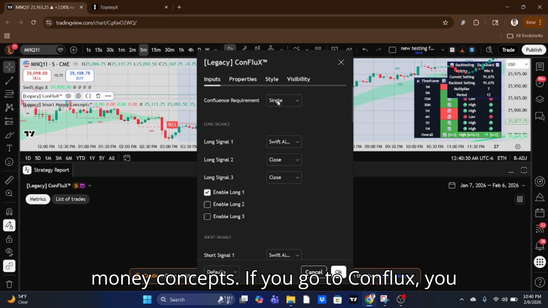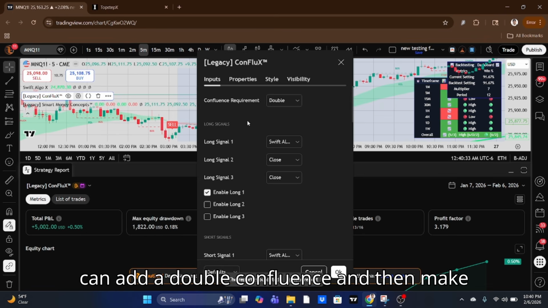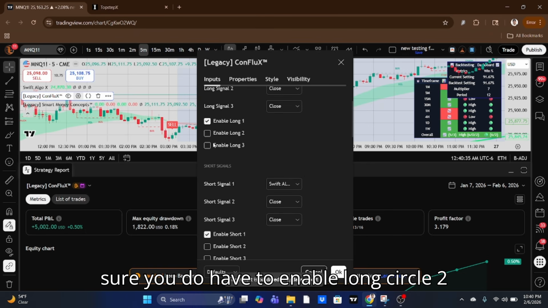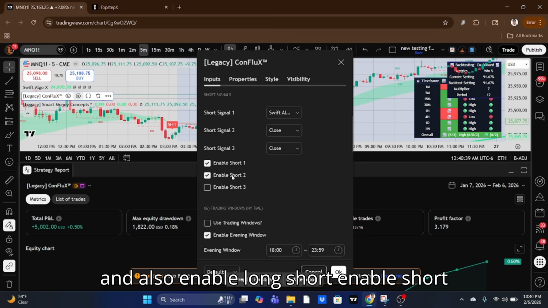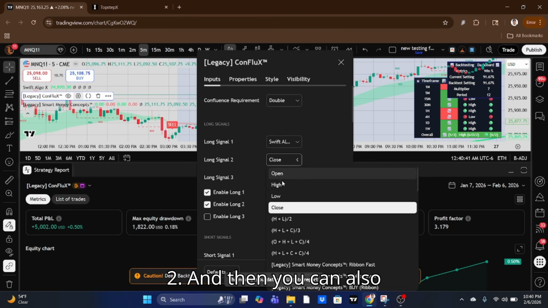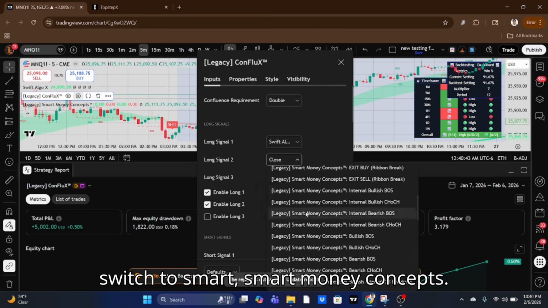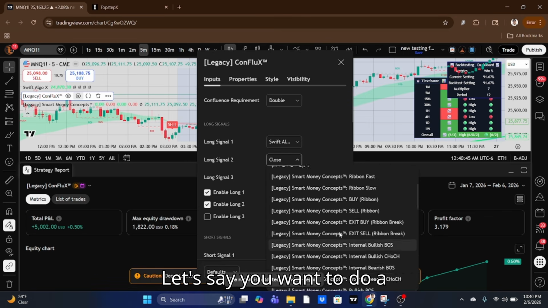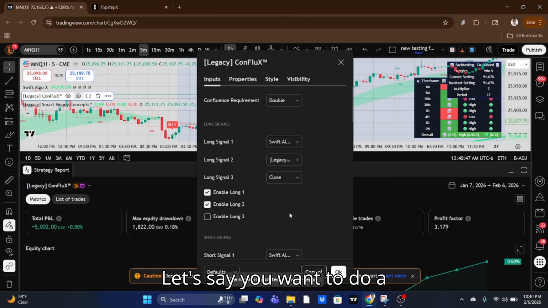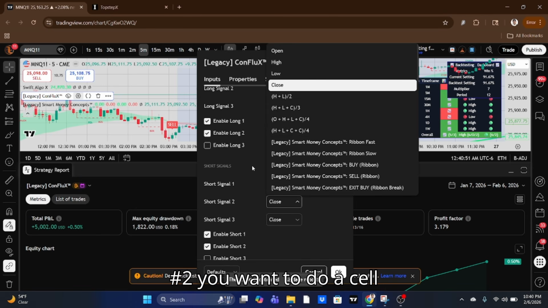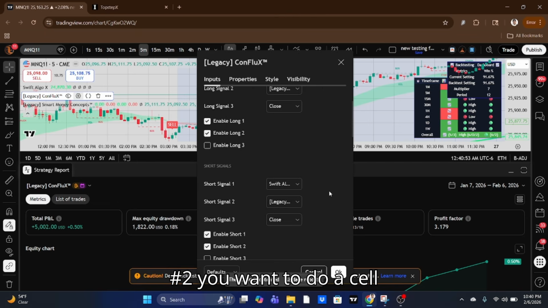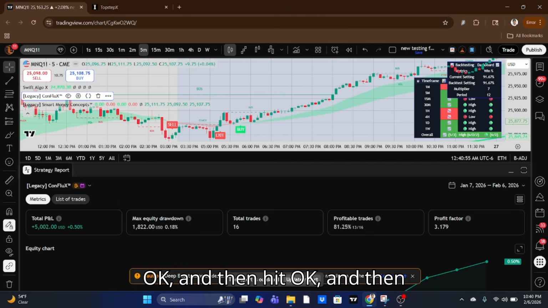So if you go to ConFlux, you can add a double confluence. Make sure you enable long signal 2 and also enable short 2. Then you can switch to smart money concepts. Let's say you want a buy as long signal number 2 and a sell as short signal number 2. Then hit OK and just update.